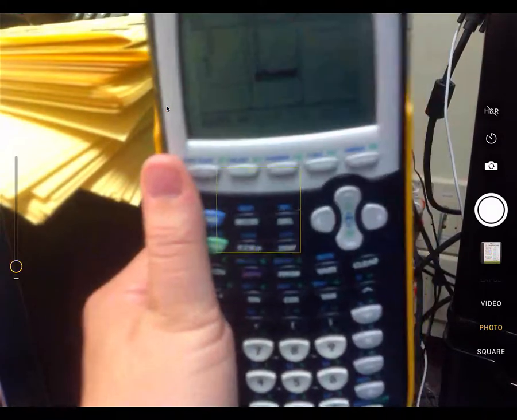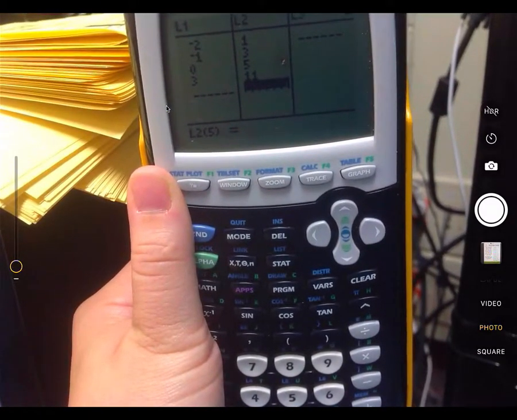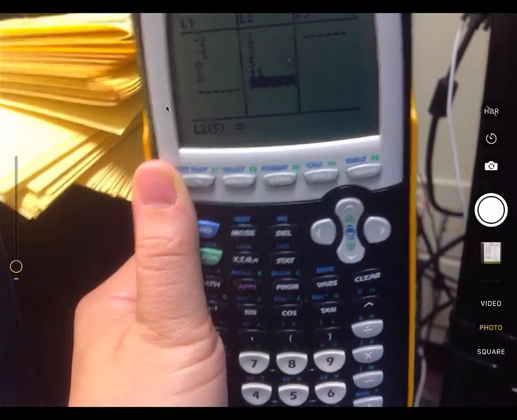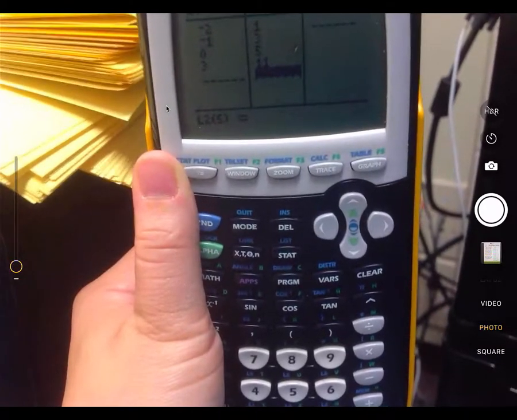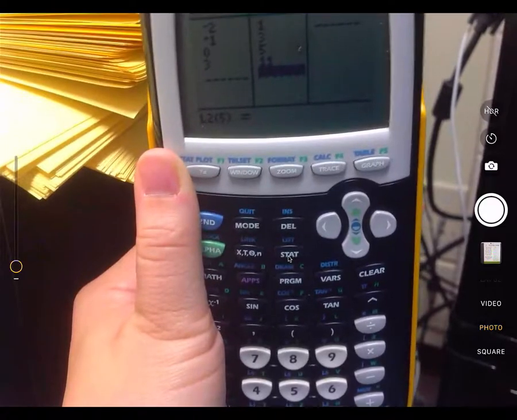So I've already typed that into my calculator. So -2, -1, 0, 3, 1, 3, 5, and 11. So I make the table in my calculator look exactly like the table on my paper. And remember that the stat button is this button that I'm highlighting right here.